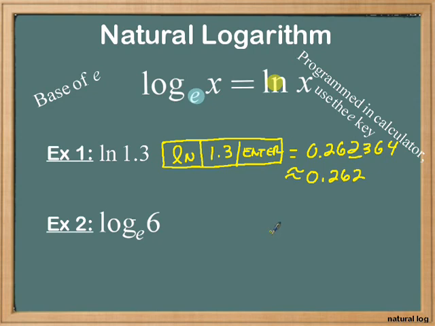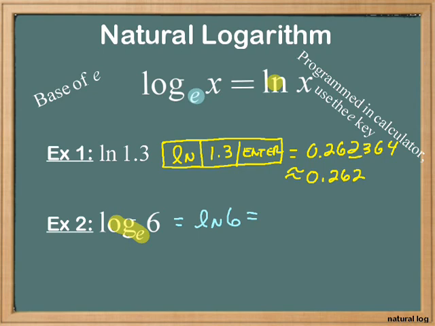Now you see this log base e of 6 in example 2. We have to look at what we have written up above there, and instead of writing log e, what are we going to write instead? We are going to express this as ln 6. Now I can go into my calculator and do the math and come up with an answer.